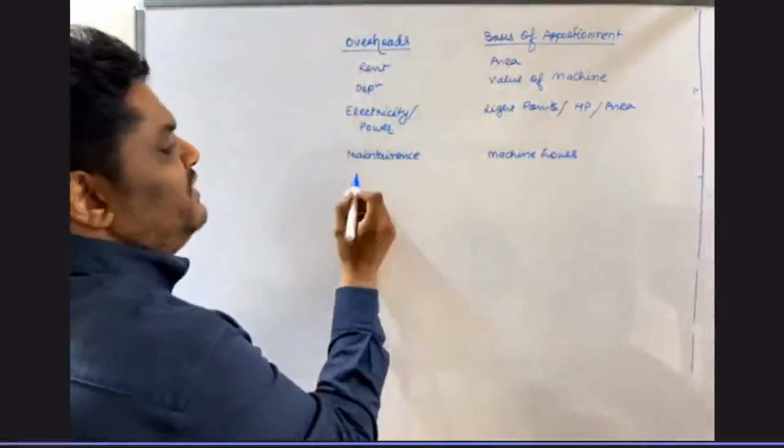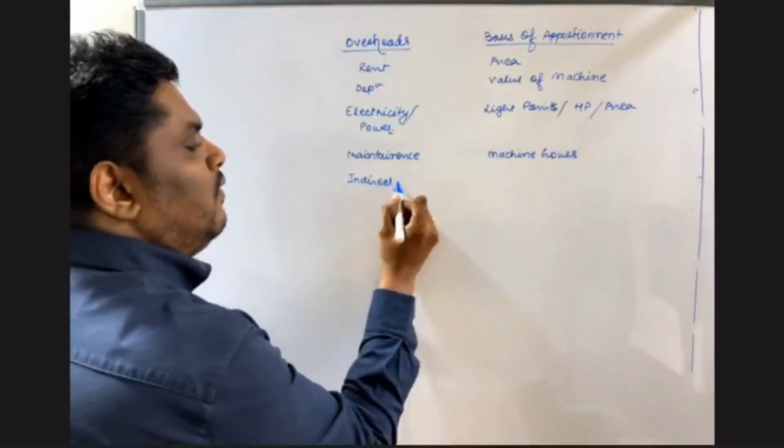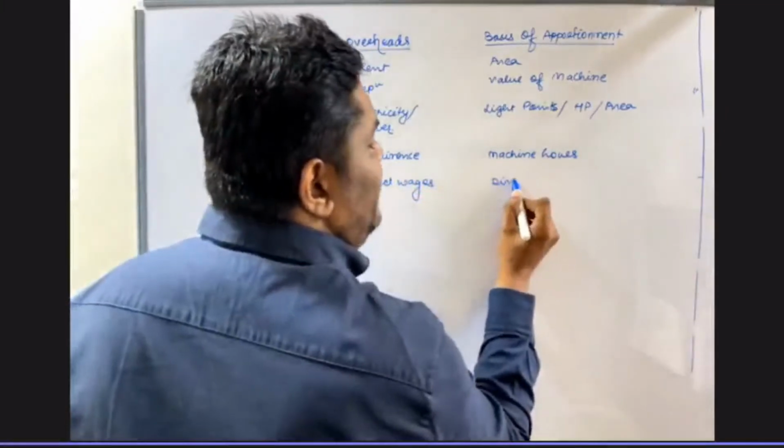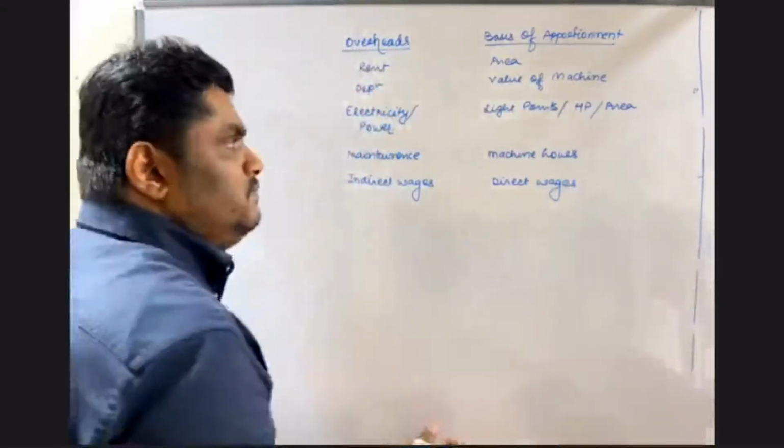Further, if any information is given as regards indirect wages, it is to be distributed in the ratio of direct wages.